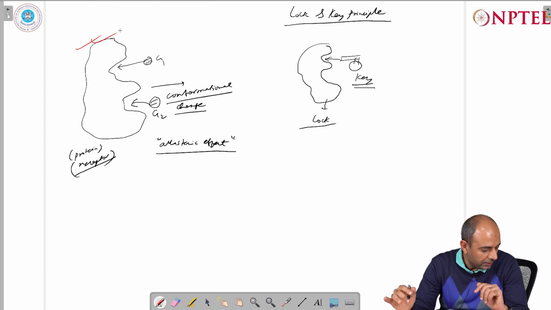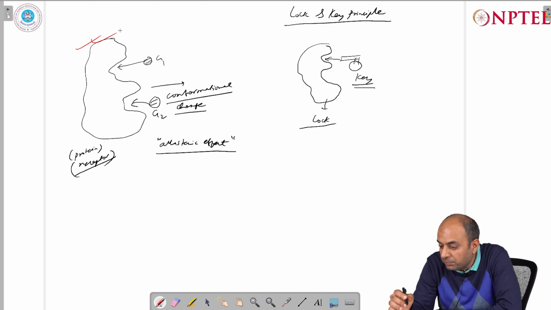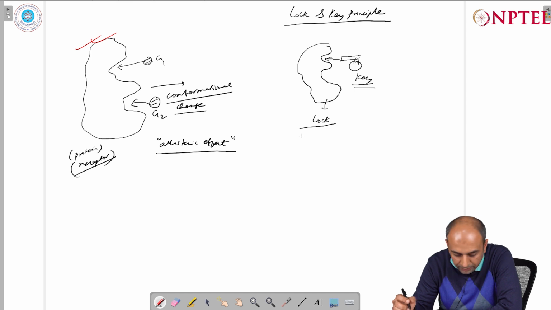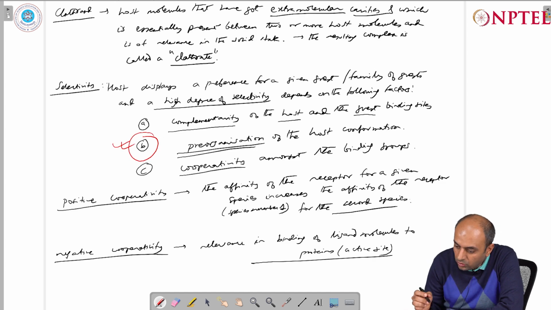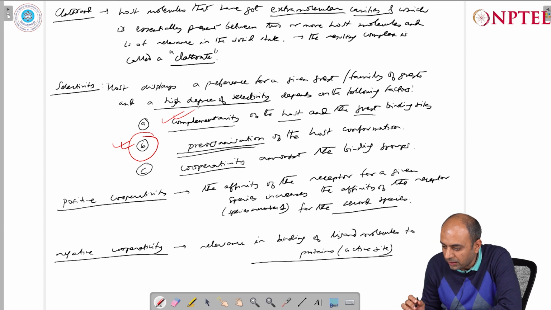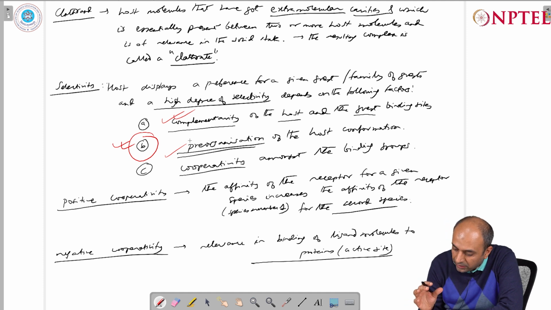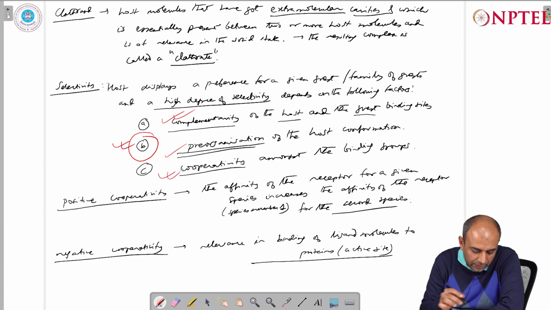So, the lock and key principle is very important, and here when you consider the lock and key principle, you have to assume the complementarity. As I said, the complementarity of the host and the guest binding sites become very important, and as I already told you, there has to be a particular conformation of the protein in which the binding takes place most efficiently, and cooperativity also plays a very important role.